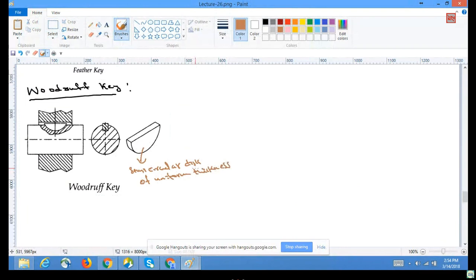And the keyway which it sits in here is also semicircular with the same curvature.